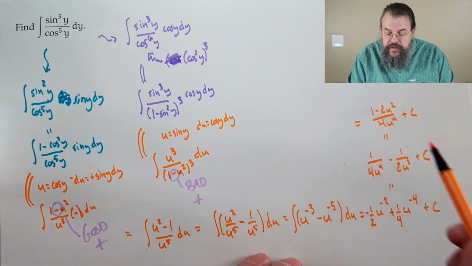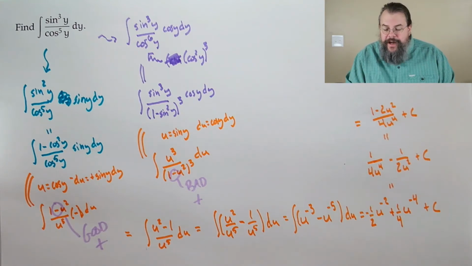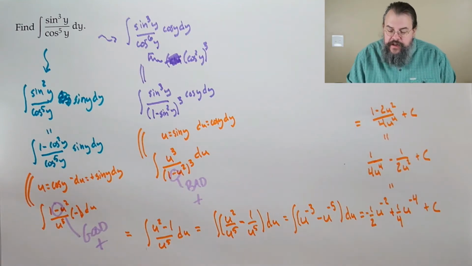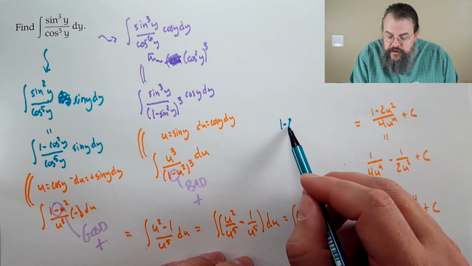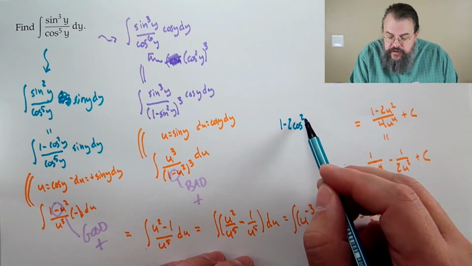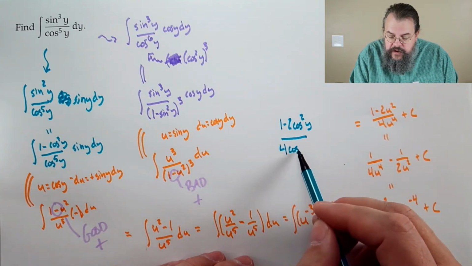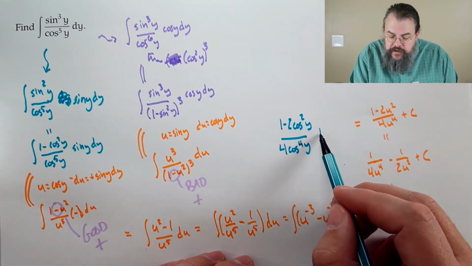All this is just playing around. Our final step to get our answer is to plug it in. U equals cosine, so we have 1 minus 2 cosine squared y divided by 4 cosine to the 4th y, and then, of course, plus c.